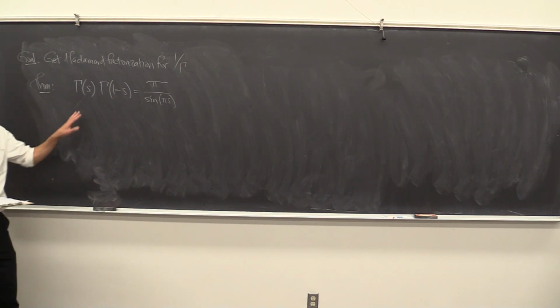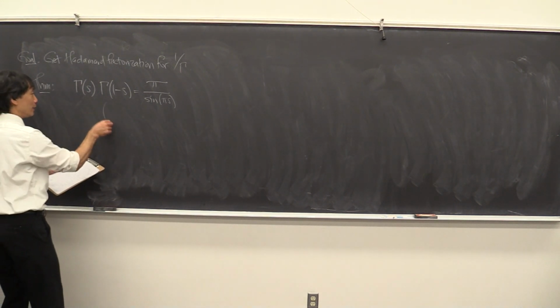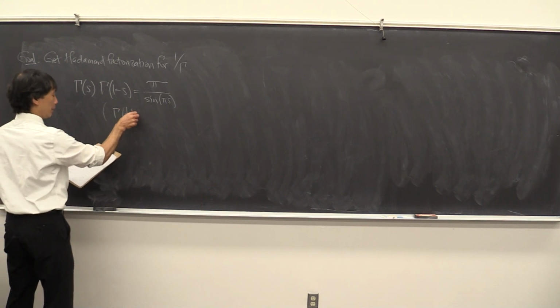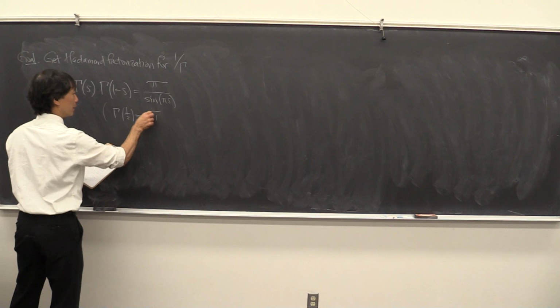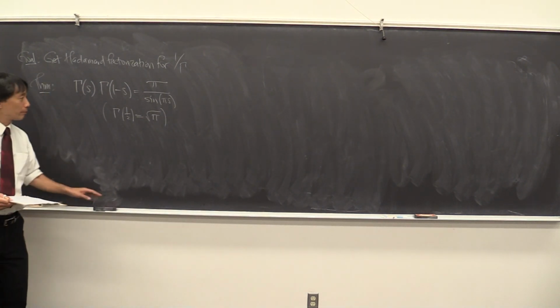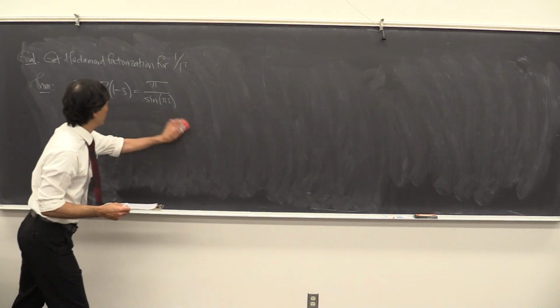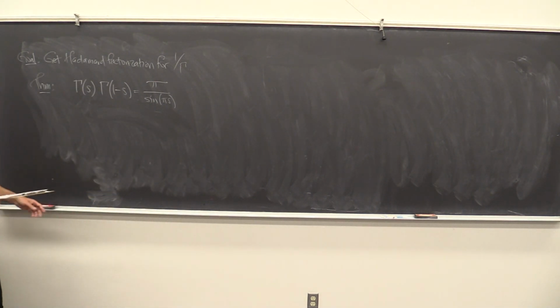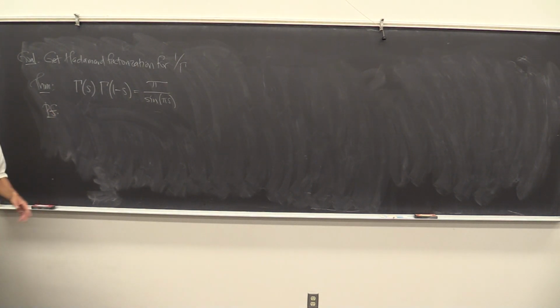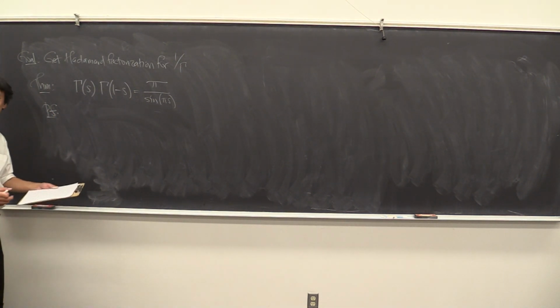Okay, and at the end of class last time I mentioned that gamma of 1/2 is going to be the square root of pi, and this is where that comes from. Okay, so the proof of this turns out to be just a huge calculation. So get ready for some pretty dull calculation coming up.